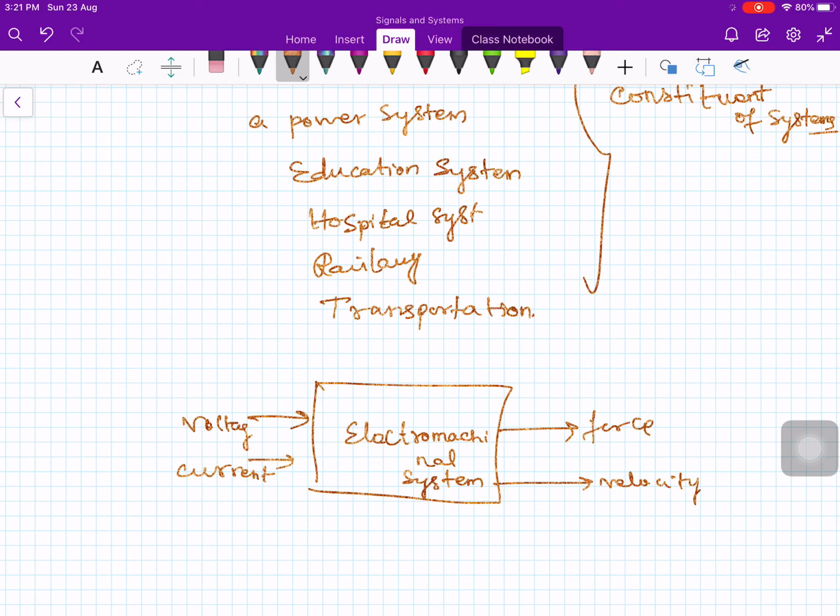Therefore, a system is an omnibus type of concept, which includes the whole variety of situations that one can come across.